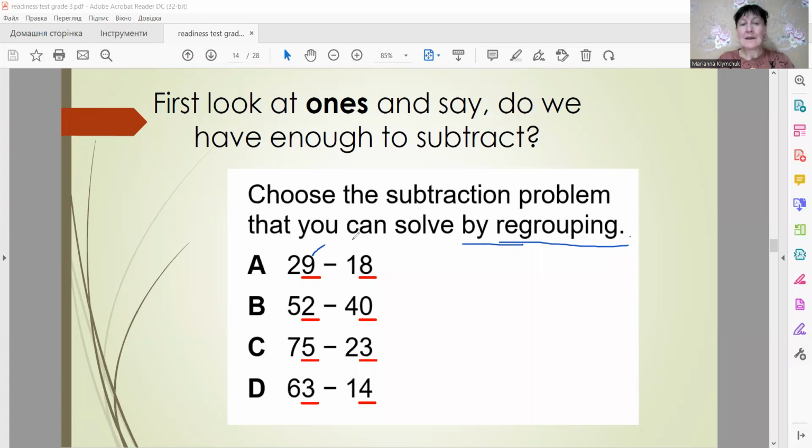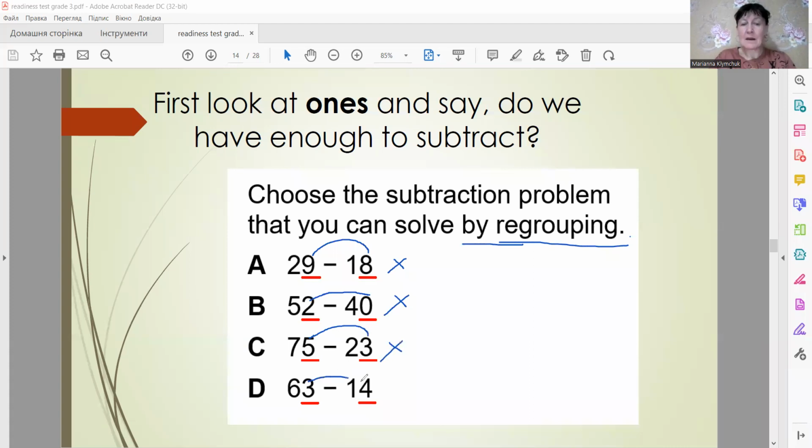So 9 minus 8. Can we do this easily? Yes, you can do it. So no regrouping. 2 minus 0. Can we solve this? Yes, no regrouping. 5 minus 3. Can we do this? Yes, no regrouping.